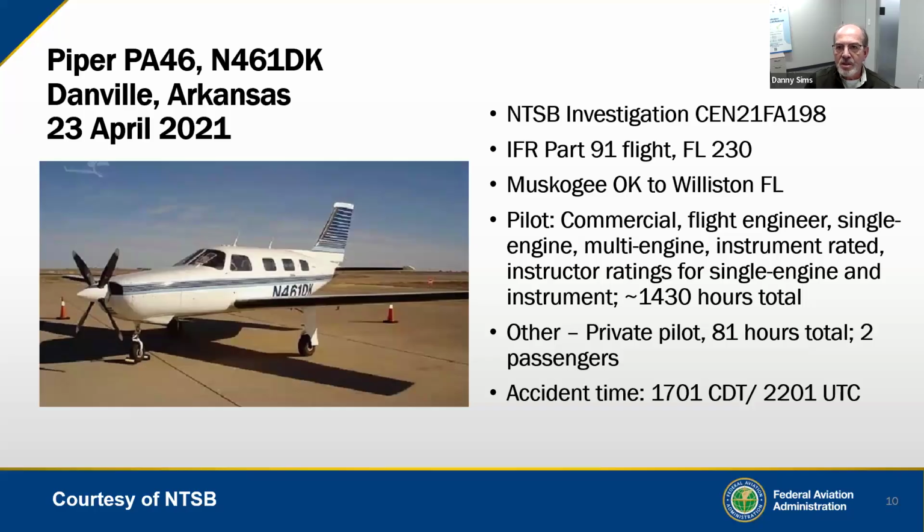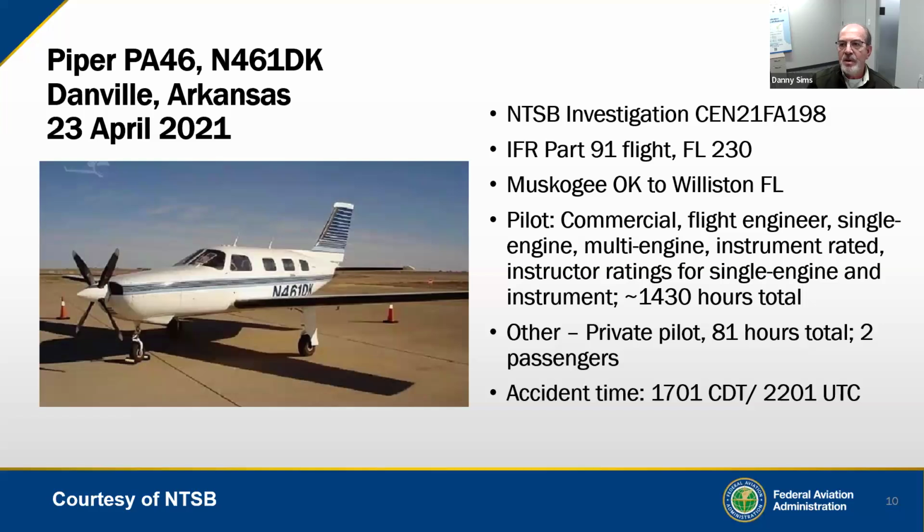Here's our situation. Here's our aircraft. This accident occurred near Danville, Arkansas, which you'll see in just a little bit coming up. That's in the western part of the state. It happened in April of 2021. That's springtime in the South, where you can get all kinds of different weather.